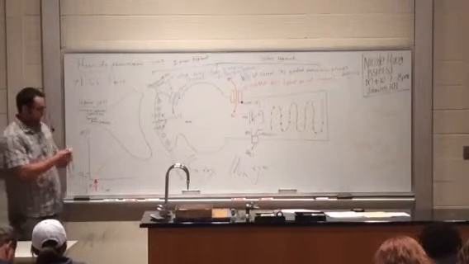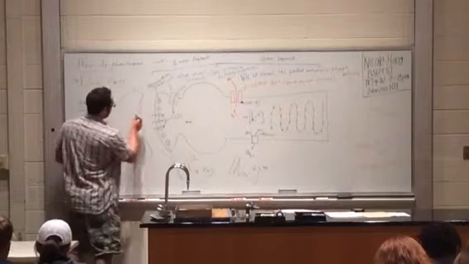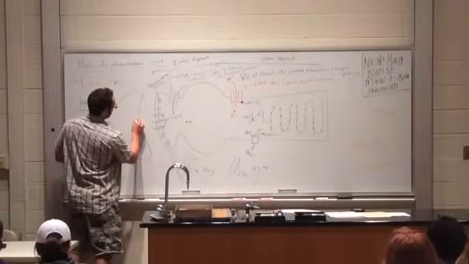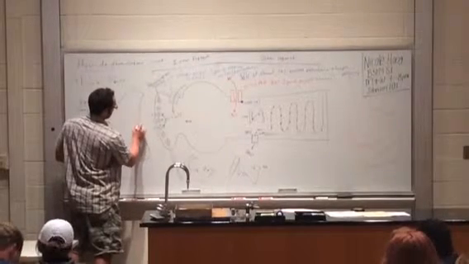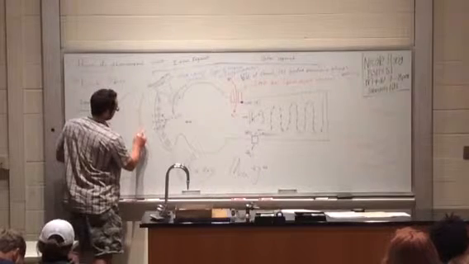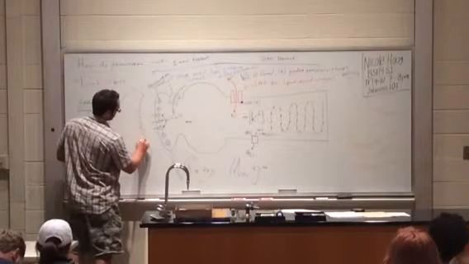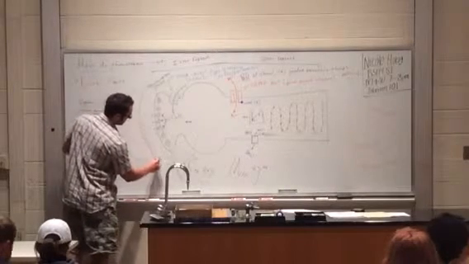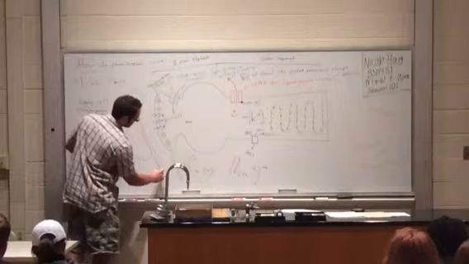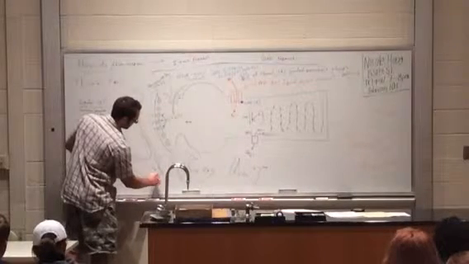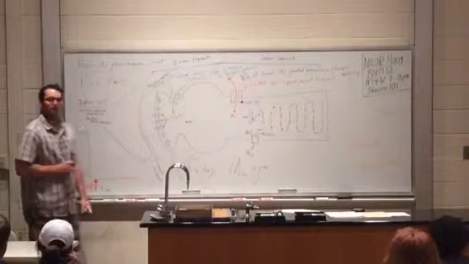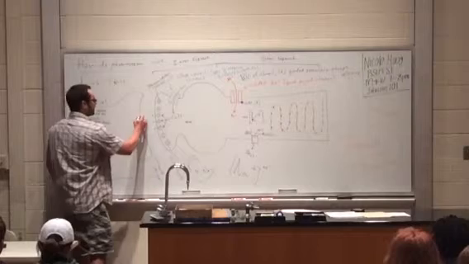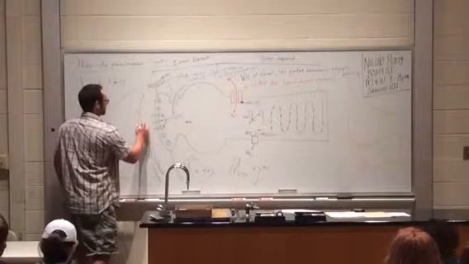Now, we have little proteins studding the membrane of this dendrite of your bipolar cell that have glutamate receptors. So when glutamate's released into that little synaptic cleft, it'll bind to these little tiny receptors.